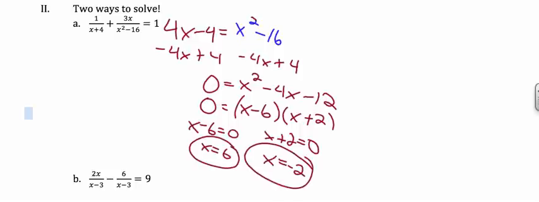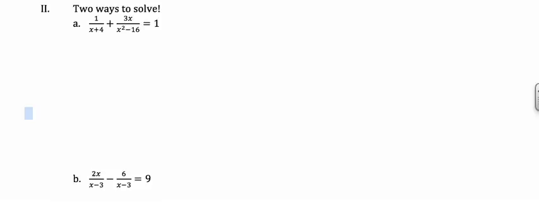Now, you should probably go back and check to make sure your answers are right. So, if you want to, you could go ahead and go back and check to see what we have. But yeah, it's going to work out really nicely. Okay. Let's take a look at another example, and let's take a look at a different method that you can use.